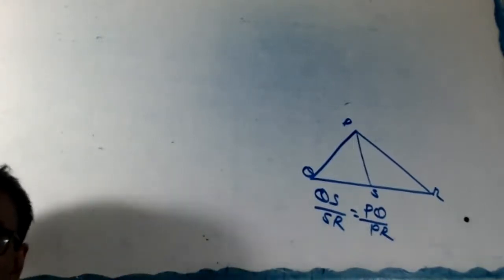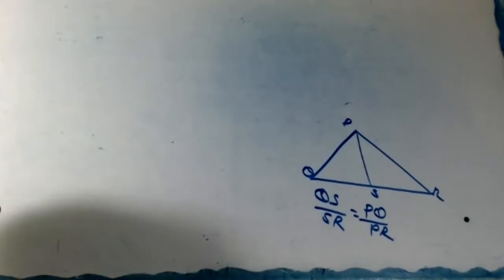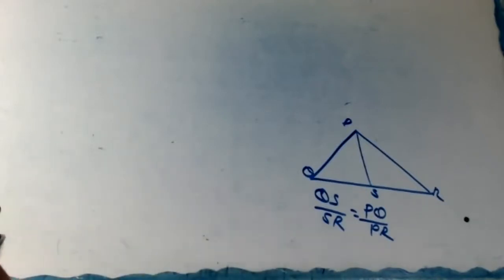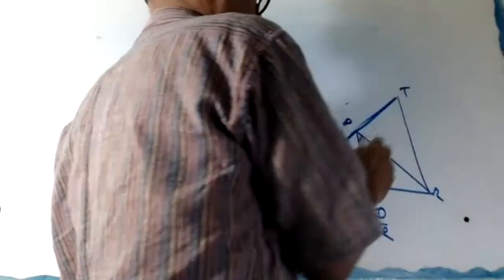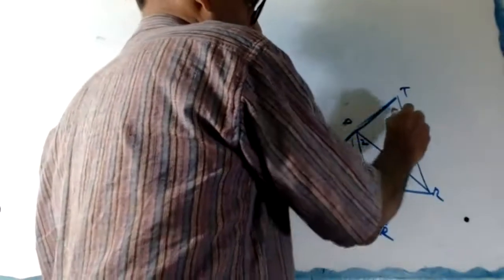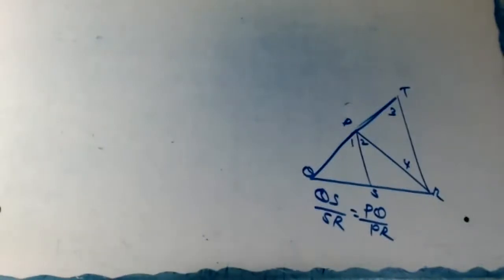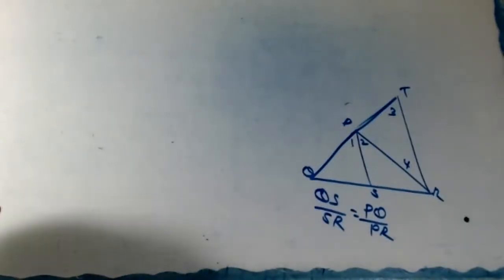Okay, so look here now. There is a construction through R. Draw a line parallel to PS like this and extend this one. This one we call T. I mark some angles 1, 2, 3, 4. Roshan, which are the angles equal here?